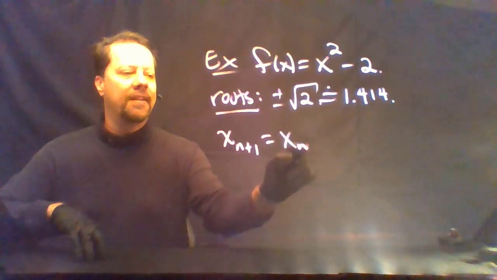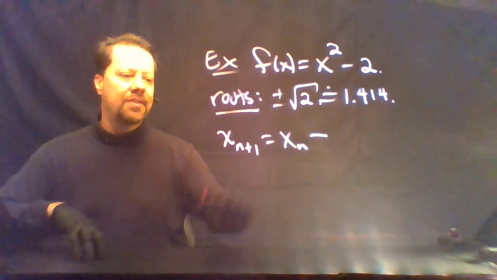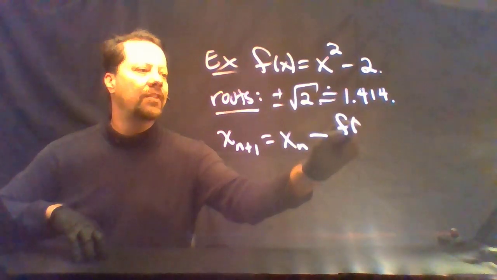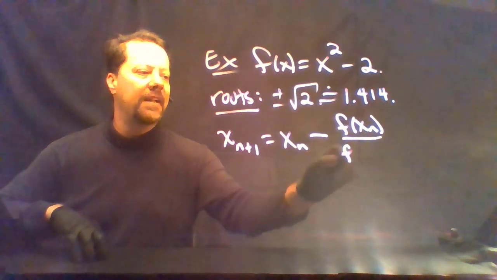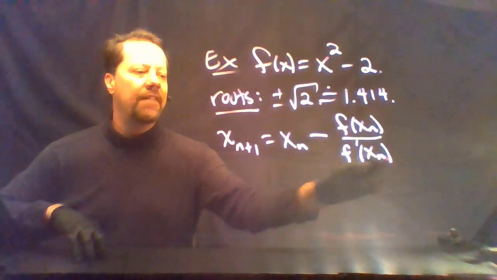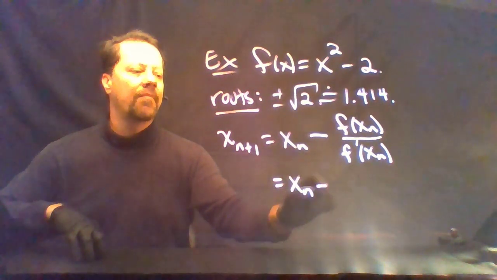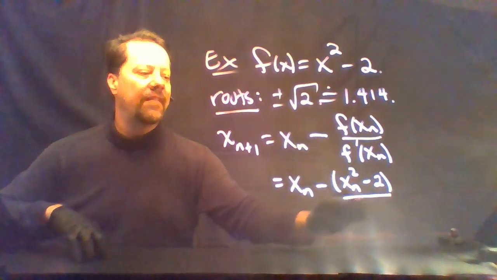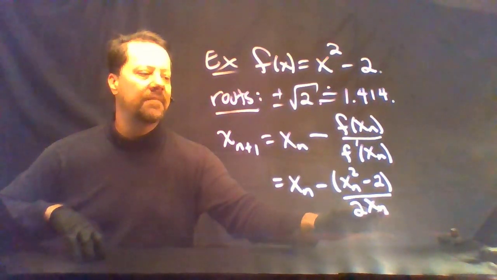According to Newton's method, our new guesses are supposed to be equal to the old guesses minus the function evaluated at xn divided by the derivative evaluated at xn. The function is xn squared minus 2, and the derivative is 2xn.